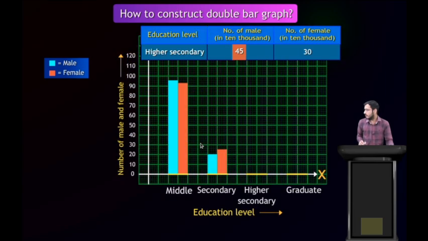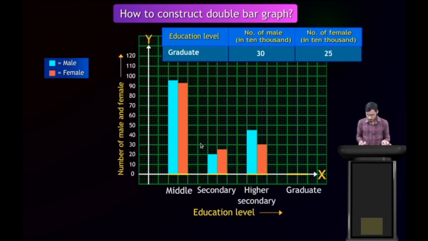Taking height 45, draw a rectangular bar, then taking height 30, draw a rectangular bar like this. Then the last one, graduate level, 30 and 25.